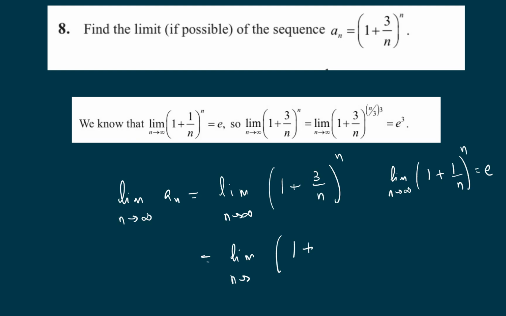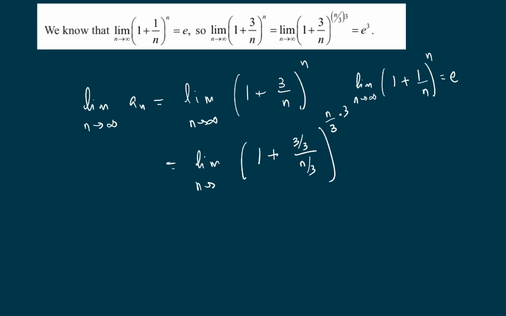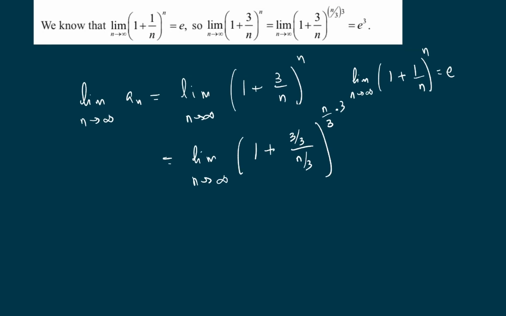If I divide numerator and denominator by 3, the expression will be like this. Now let's divide by 3 and multiply by 3 the exponent. I didn't do anything. The only thing I have done is that now I can recognize the number e.